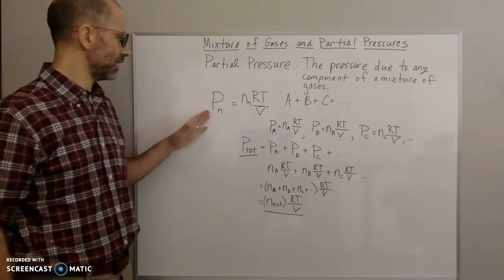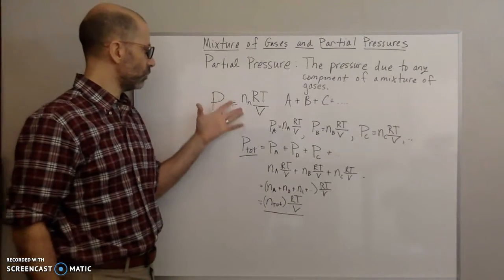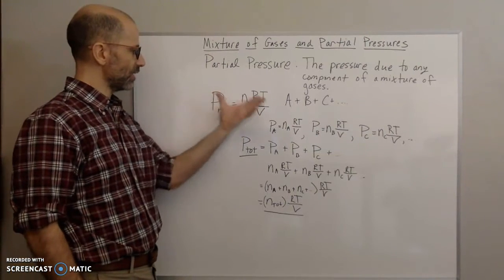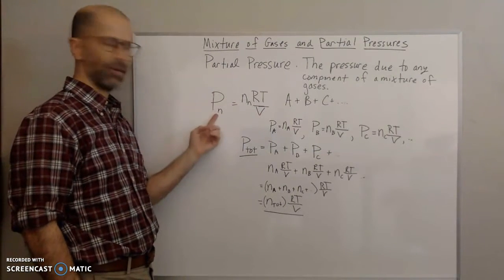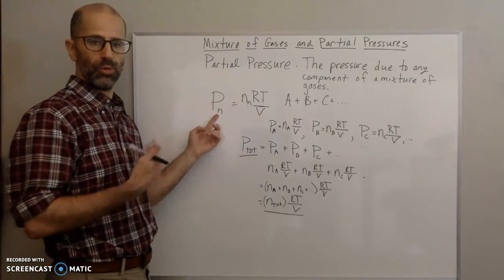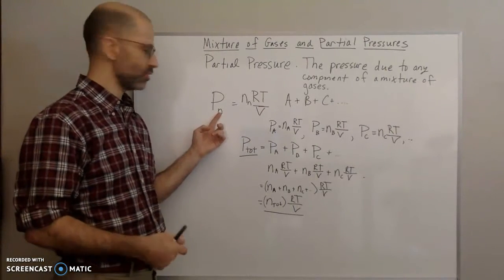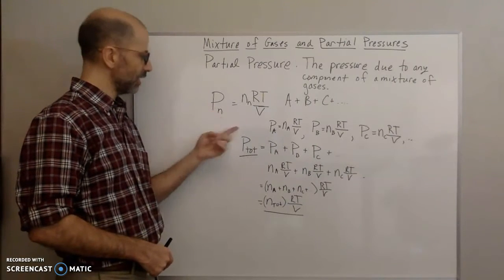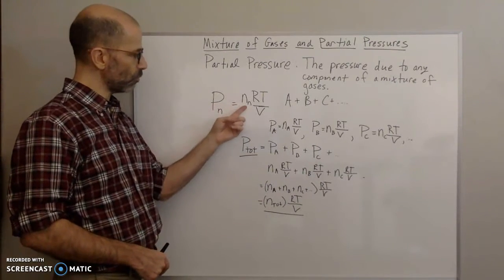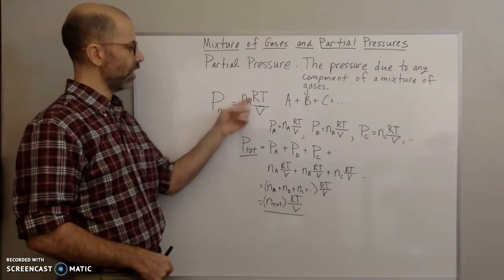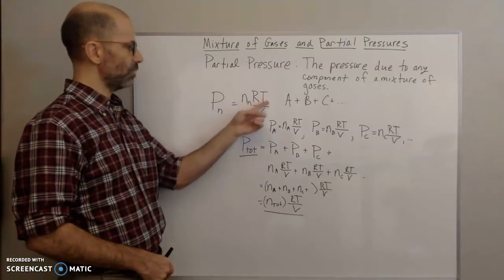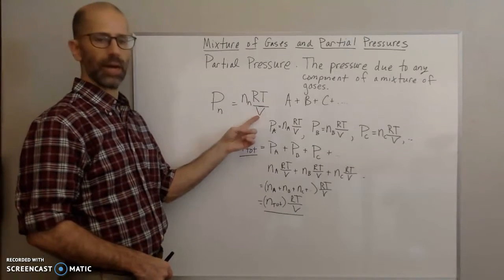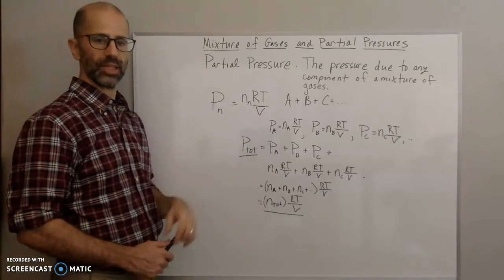And you can see this here. We have the ideal gas law solved for pressure, and n represents the gas that we're looking at. So the pressure of the gas is equal to the moles of that gas, multiplied by R, multiplied by T, the temperature in Kelvin, and divided by the volume in liters.